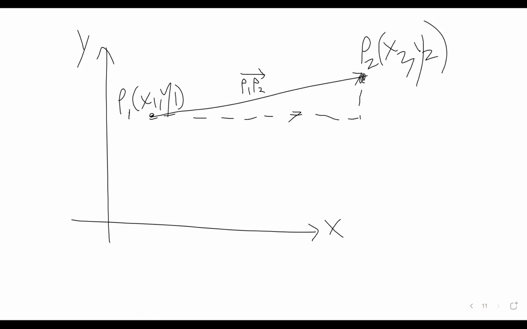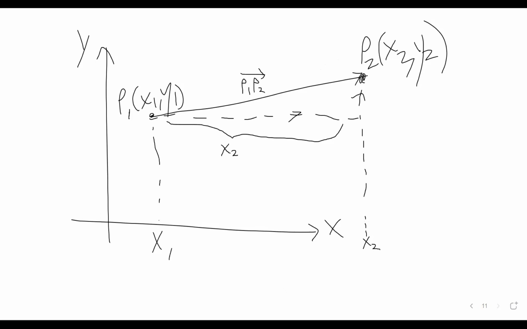So you'd want to ask yourself, well, what is the length of this? Well, if the x coordinate of P2 is x2, you're taking the x coordinate of P2, which is here, and you're subtracting from it the x coordinate of P1, which is x1.